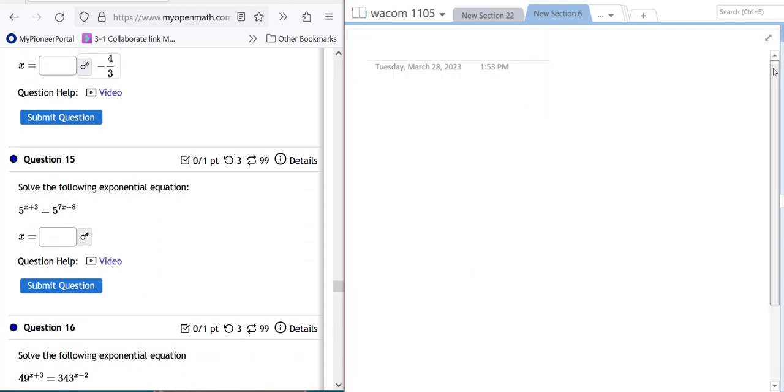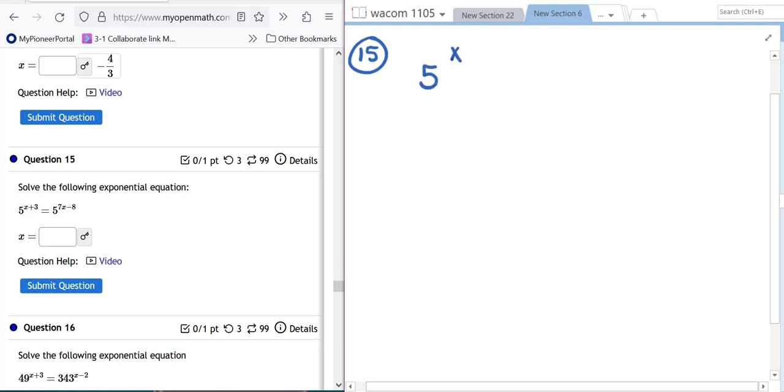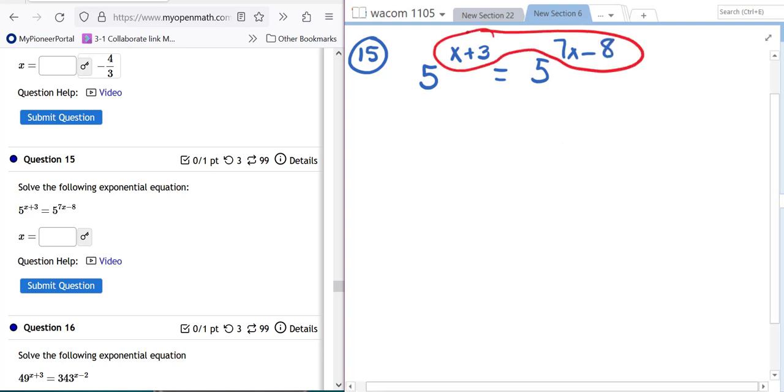Right. This one will do. Just the solving is going to be a little bit more work and a place to be careful. But it already has the bases the same. So it's already set up. All you have to do is set these equal. So x plus 3 will equal 7x minus 8. And now you have a linear equation.